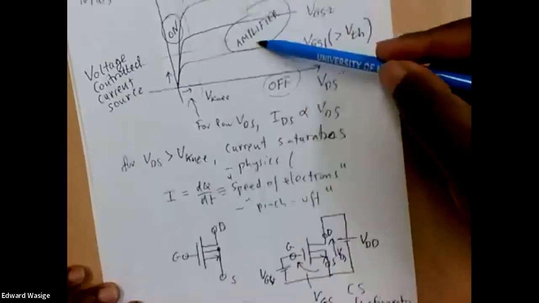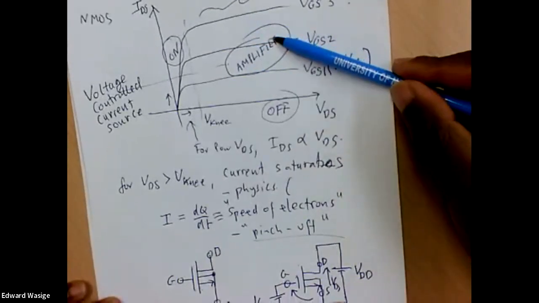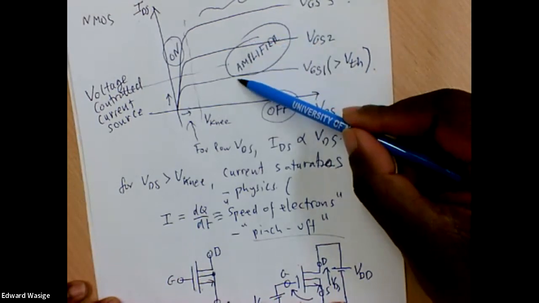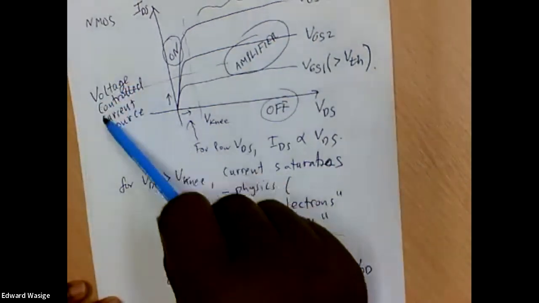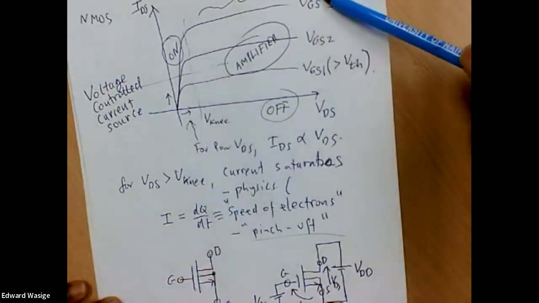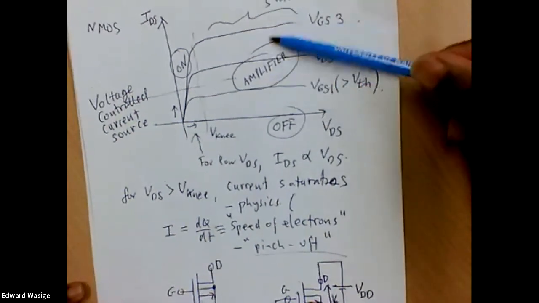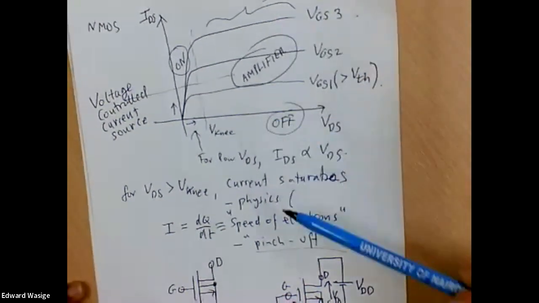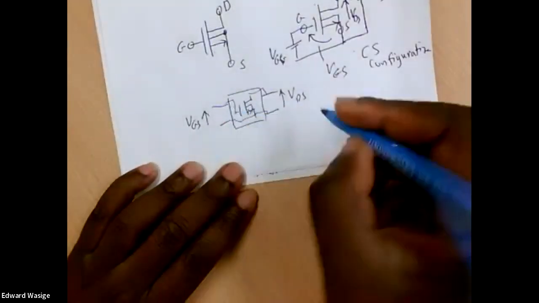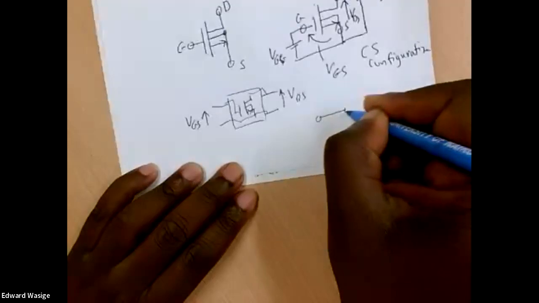As I said, we can use this device as an amplifier or a voltage controlled current source. The control is the gate voltage, as you can see. The gate voltage sets how much current flows. So the first model of the transistor: I have the gate.